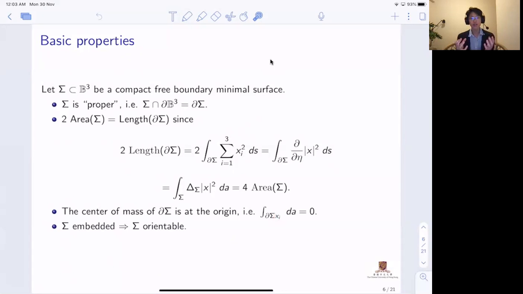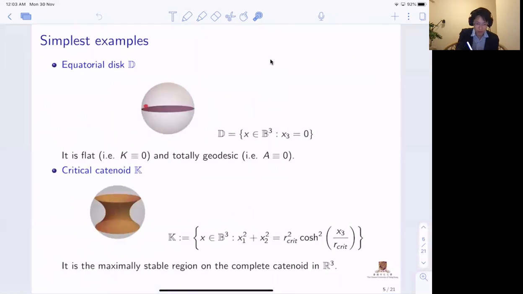So if you take the average of the coordinates of the boundary, then you always get 0. So the center of mass for the boundary is located at the center. So you can see it from the picture here. So this is the boundary, center of mass is located at the center, and this is the boundary. So it consists of 2 circles. This is the center of mass.